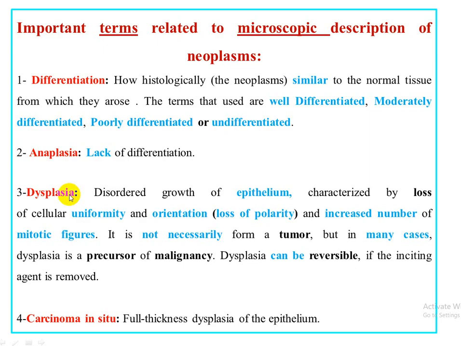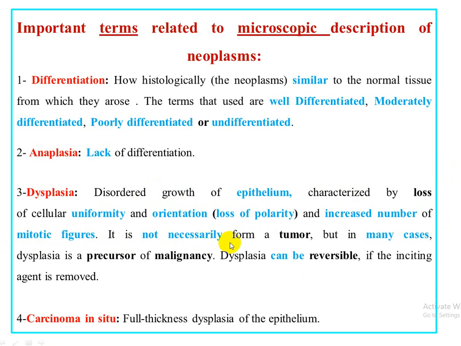The third term is dysplasia. Dysplasia means disorderly growth of epithelium, characterized by loss of normal cellular uniformity and orientation, meaning loss of polarity, abnormal orientation, and an increased number of mitotic figures.